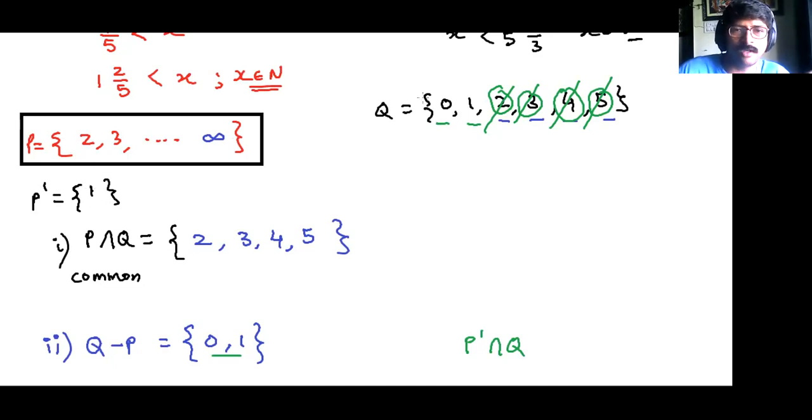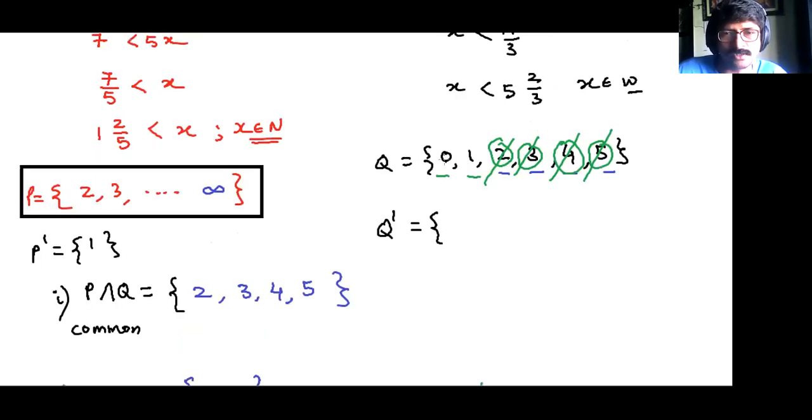You got it? What will be Q complement? Q complement will become 0 to 5, we have already found that, isn't it? And the domain is whole numbers, so all the numbers x from the whole number set except 0 to 5. So it will become 6, 7, 8, 9, and so on till infinity.